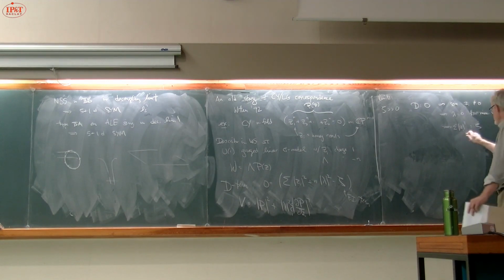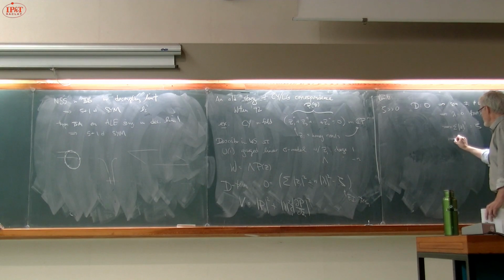So this condition modulo the U(1) gauge transformation, which sends z to e^{iα} z, is a standard presentation of CP^{n-1}.